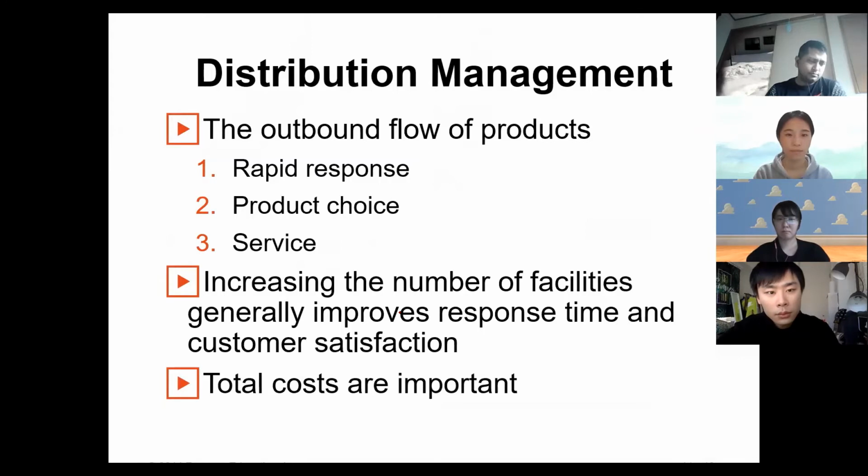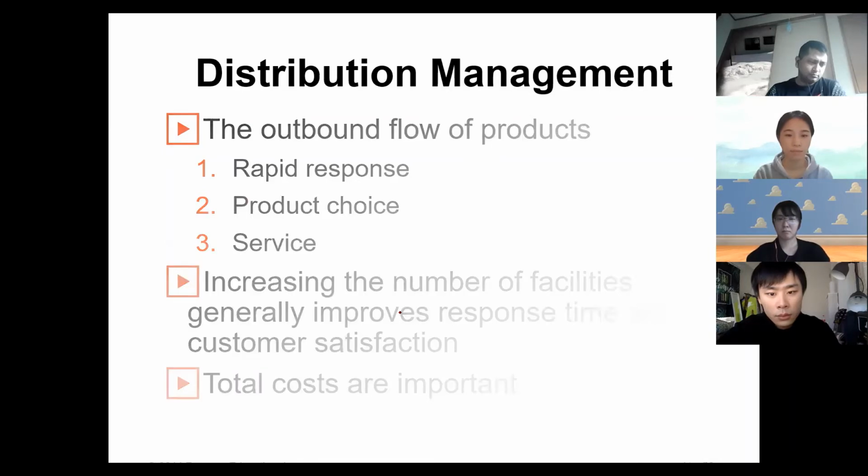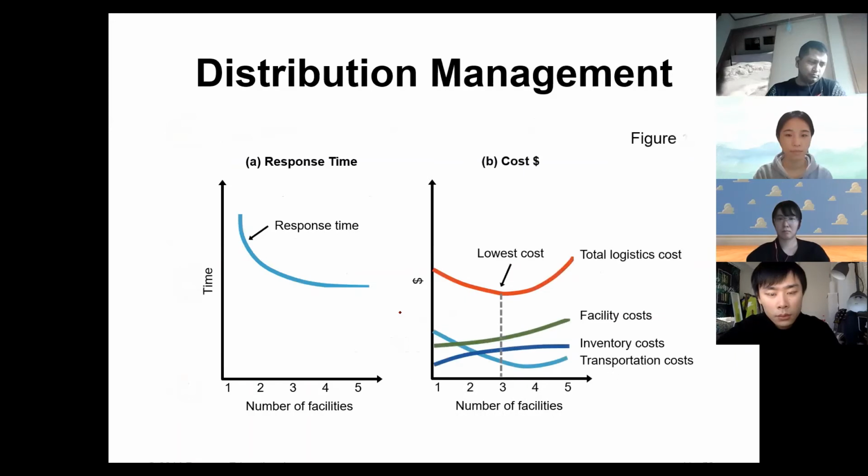Some other things that are also related to supply chain is distribution management. This is actually theoretical. There is a theory of response times depending on the number of facilities. If you have more distribution centers or warehouses, you have a shorter response time.